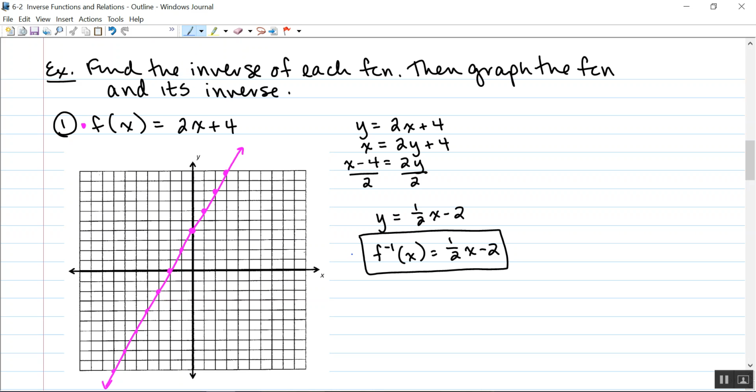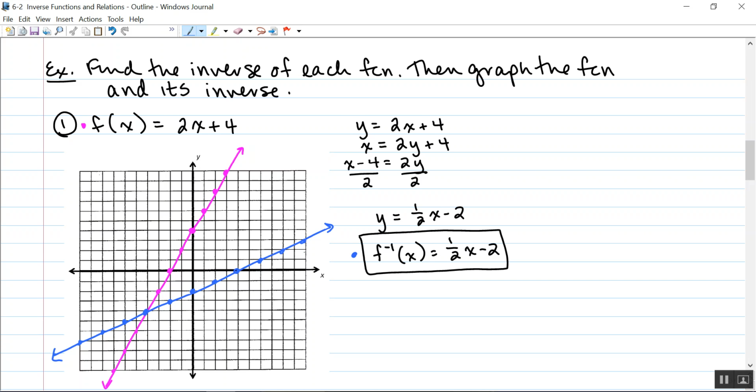Let's graph its inverse. My y-intercept is -2, and I'll go up 1 and right 2. And down 1 and left 2. They actually intersect at a point right there, which is kind of nice. And draw that line. So there's the graph of the original function and its inverse.